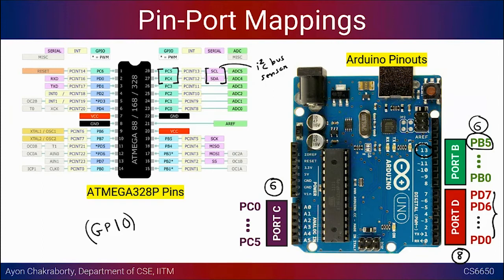Just for now, remember that we are dealing with pin number 13, and pin number 13 can be controlled by port B. Port C and port D are not responsible for controlling pin number 13's digital IO behavior, right? And pin 13 corresponds to the fifth bit while dealing with the port B registers. So 8 corresponds to PB0, 9 corresponds to PB1, 10 corresponds to PB2, and so on. 13 corresponds to PB5.